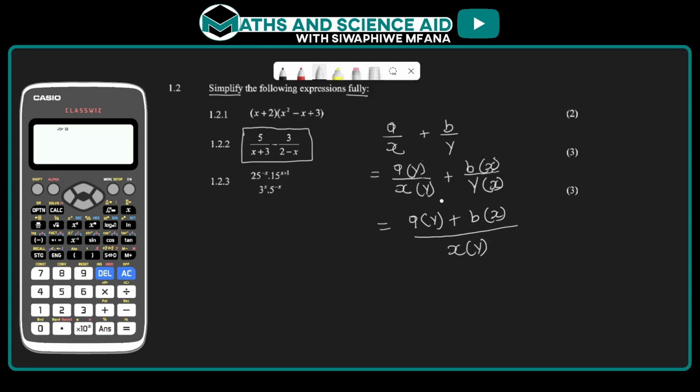And of course, you need to remember that x multiplied by y is the same as y multiplied by x because of the commutative property of multiplication. So the order at which you multiply the numbers does not matter. And so this is the trick that we are going to employ in order to answer this question.